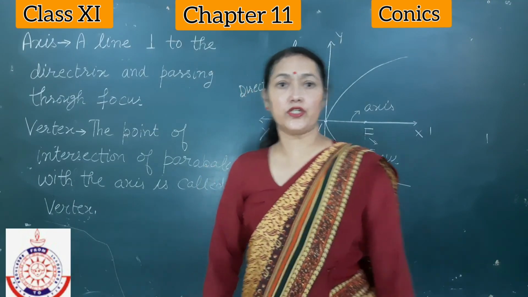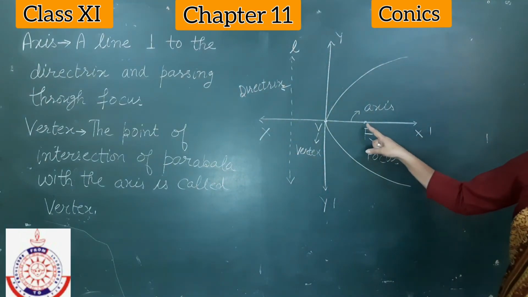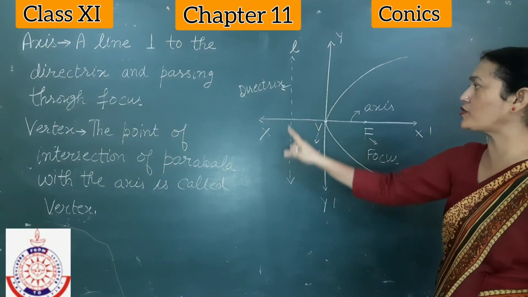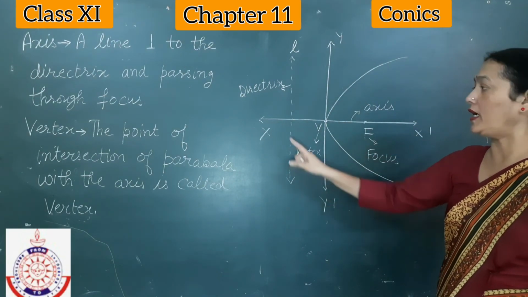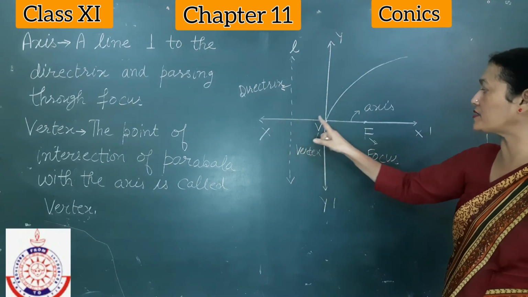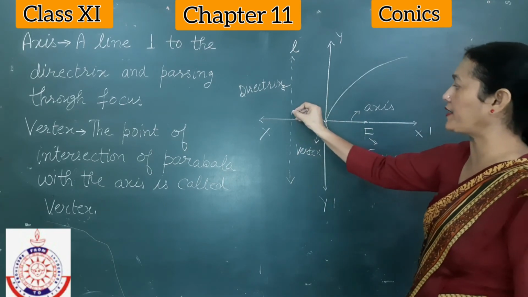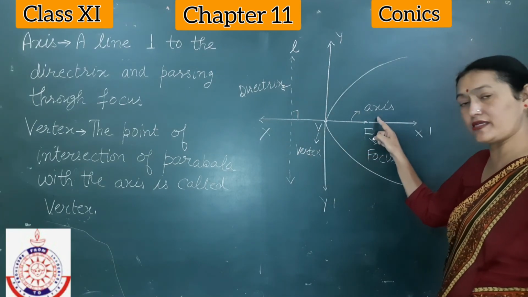So what we have learned: the fixed point is called the focus, the fixed line is called the directrix, and a line which passes through the focus and is perpendicular to the directrix is called the axis.